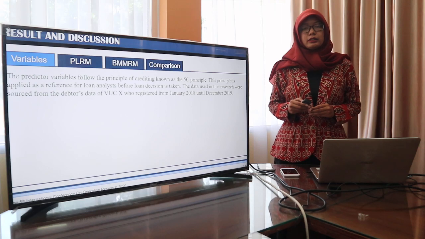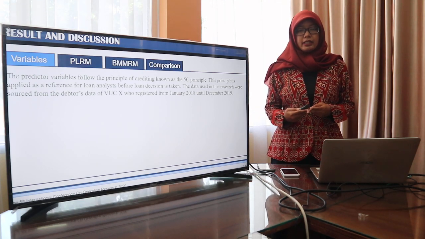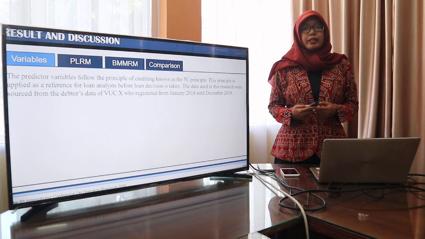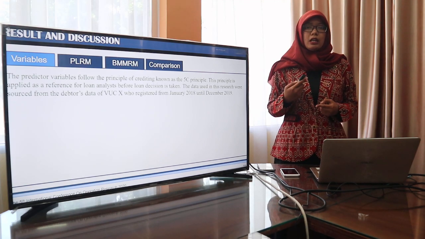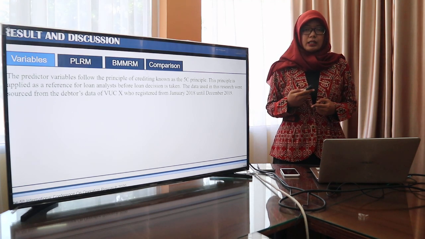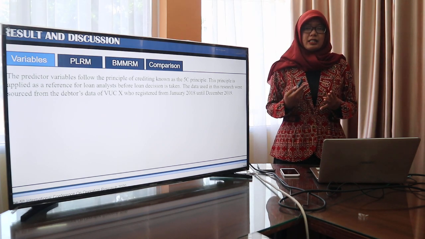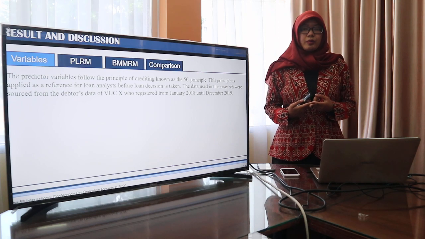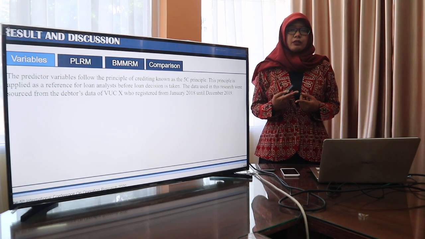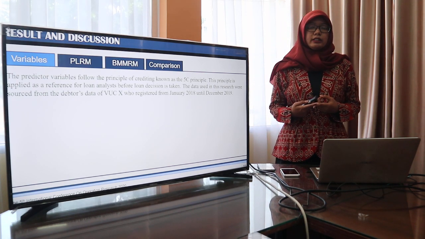Variables in this study consist of the response variable and predictor variables. The predictor variables follow the principle of crediting, known as the 5C principle, namely character, collateral, capital, capacity, and conditions. The 5C principle is applied as a reference for loan analysis before the loan decision is taken.